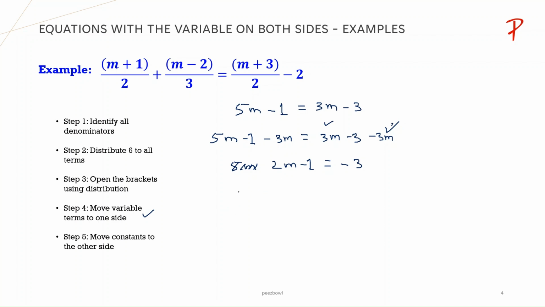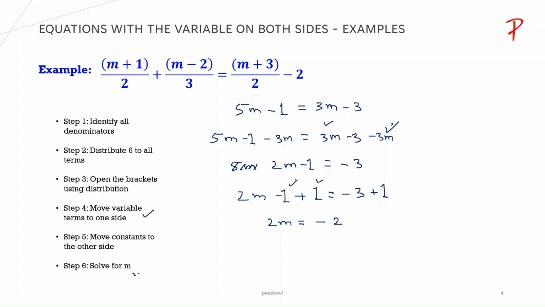Left hand side will become 2m minus 1 plus 1 is equal to minus 3 plus 1. I'm adding 1 to both sides because I want to remove minus 1 from the left hand side, right? On the left hand side, minus 1 and plus 1 cancel each other, and what we have is 2m is equal to minus 3 plus 1, which is minus 2, right?